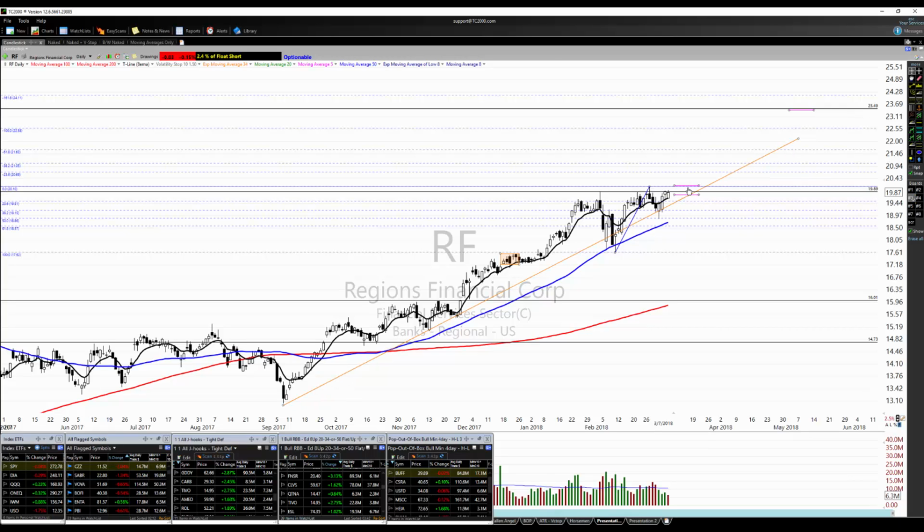So I'm looking at a 2015 entry, I'm just picking these numbers real quick, and a 1975 stop, and a first target, let's say right in there, and a second target.